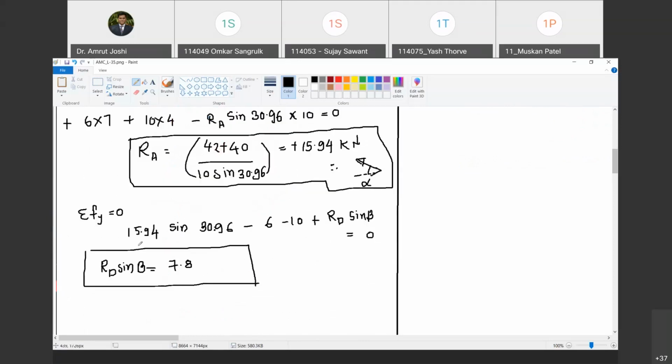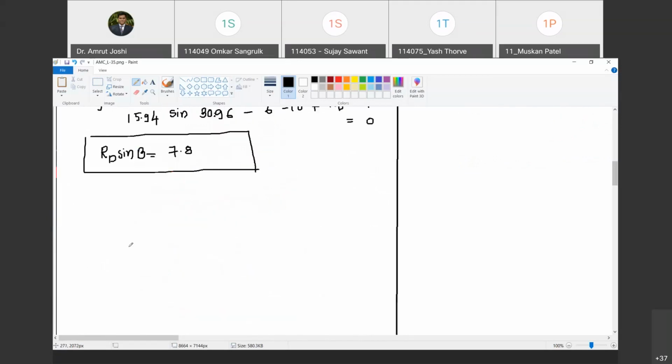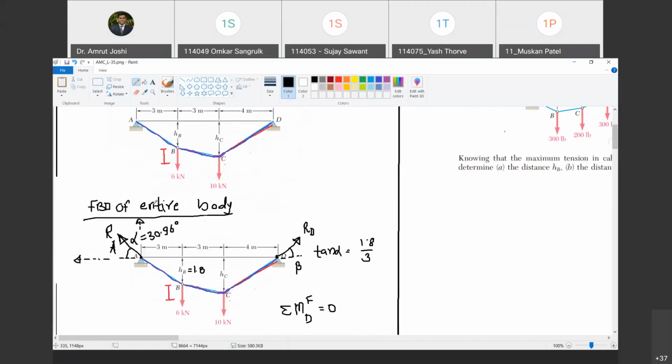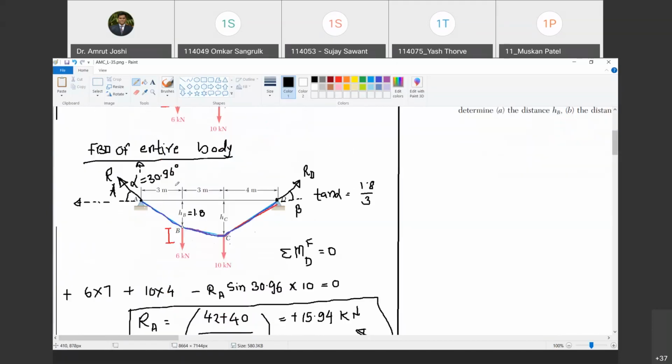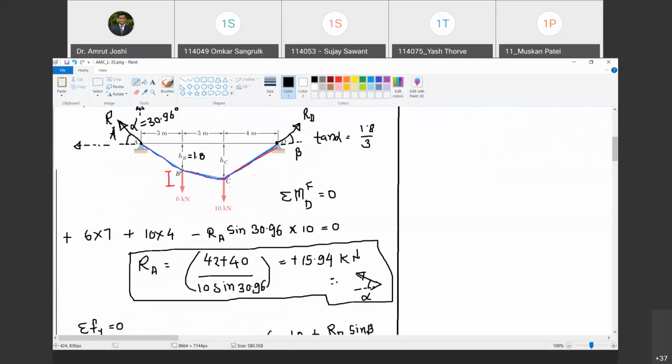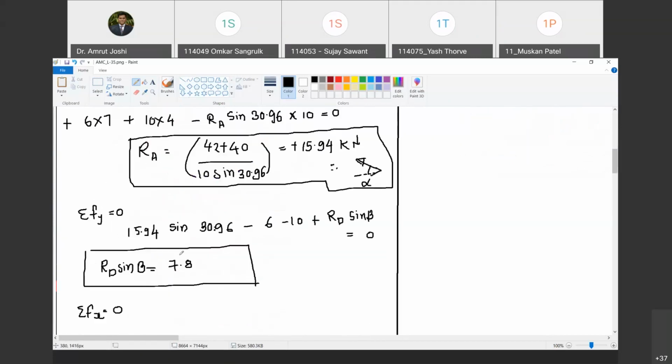Now, let us try to apply summation Fx equal to 0. So what does that yield me? Summation Fx equal to 0 gives me what? Yes, tell me. Minus RA cos. But what is RA? RA is 15.94. So I will straight away write that.